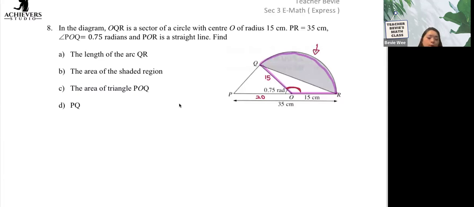I'm not going to help you all with this, you are going to help me with this. Just 2 quick minutes. Help me find the angle. Help me plug it inside the formula. You should be able to find the length of arc. Wow, Denzel, very fast.